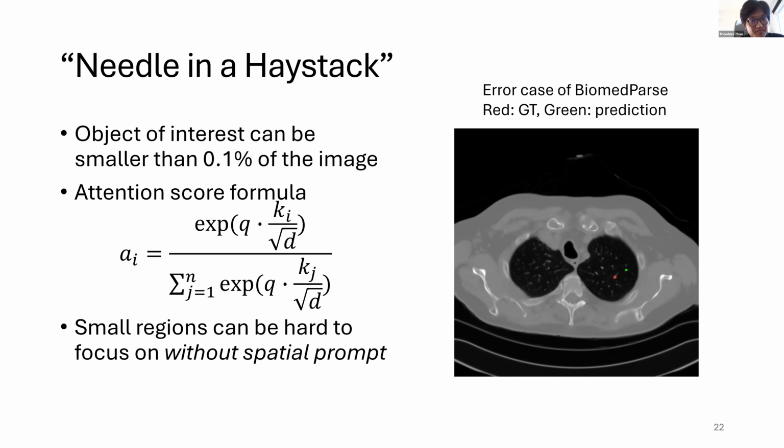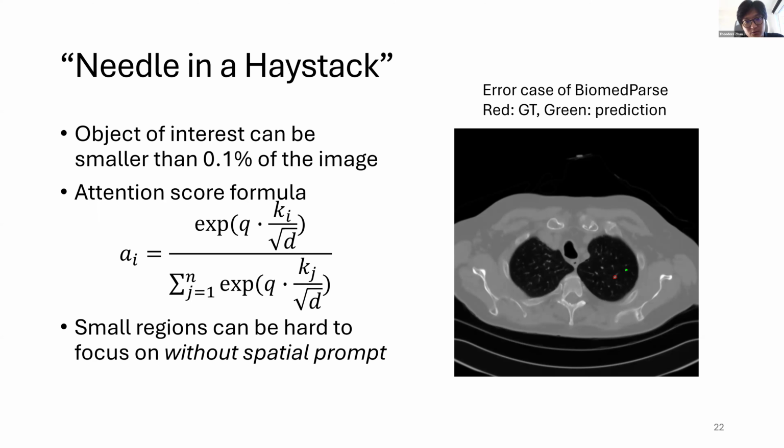If you look at how the attention score is calculated in every transformer-based model, you will find that the related parts of the feature are very, very small. When there are so many other image patches, the denominator can grow very large. So the total attention score that can be effectively used for these small regions is smaller.